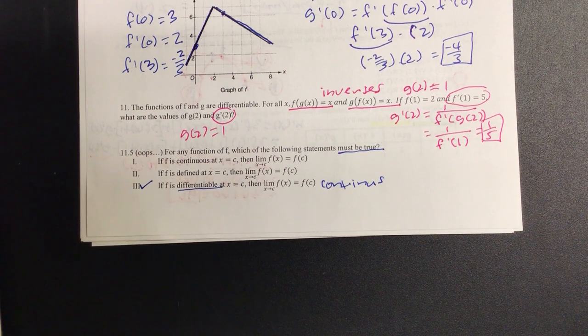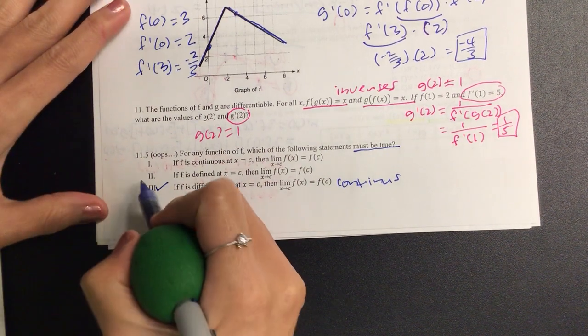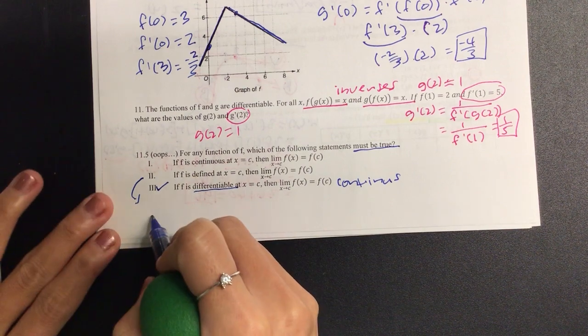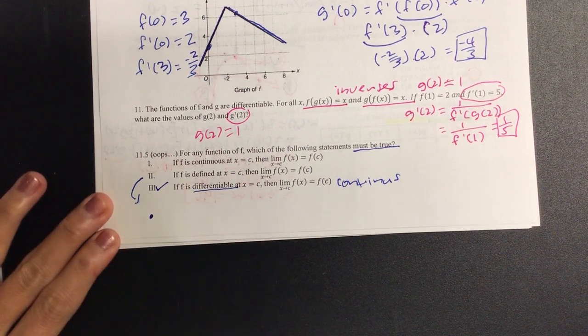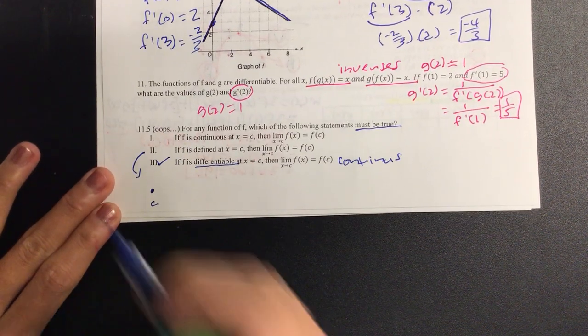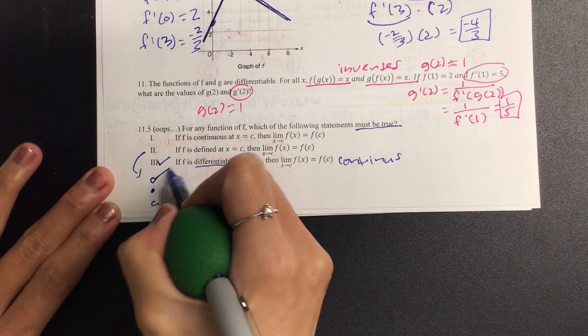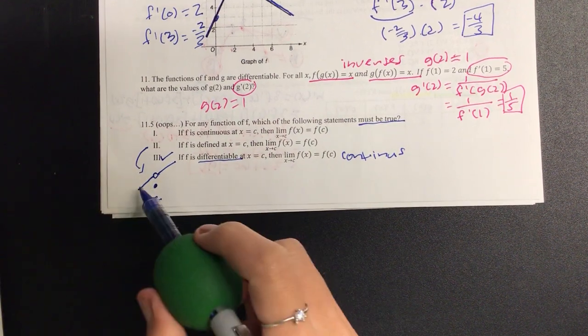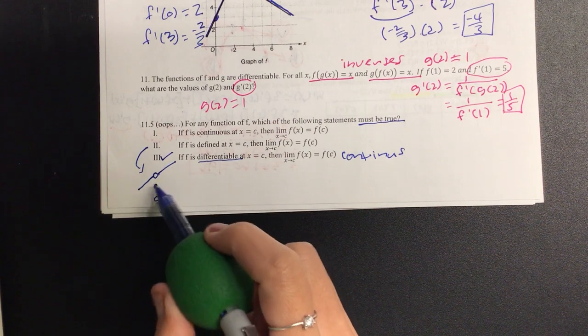And then for part B, I want to actually show you this with the picture. It's saying it is defined that we have a number at C. Here's C. Then does that guarantee that it's going to have the same limit as that value? So let's say I have a picture like this. Does that mean this limit is equivalent to that point?